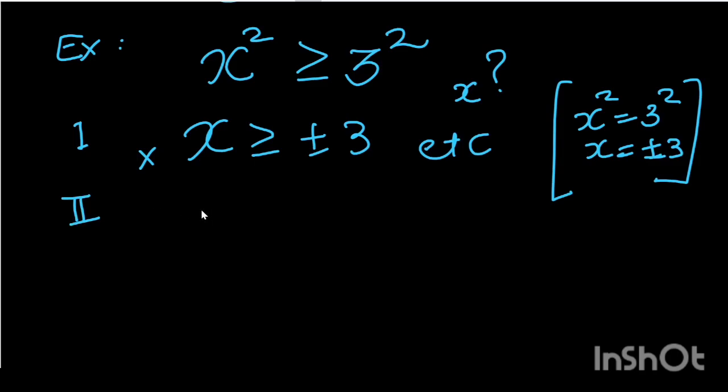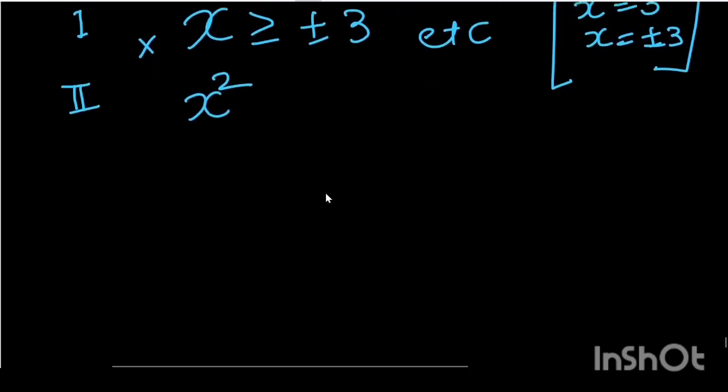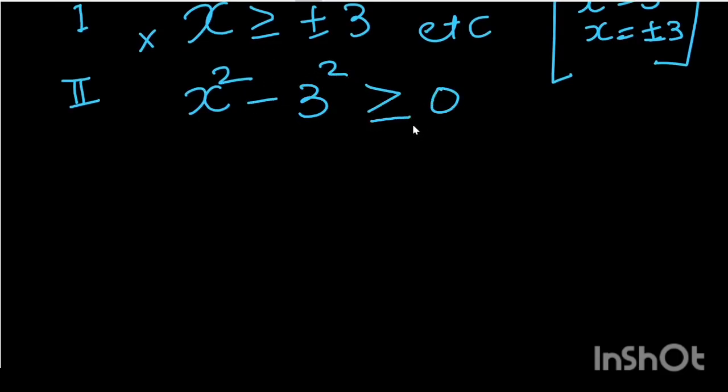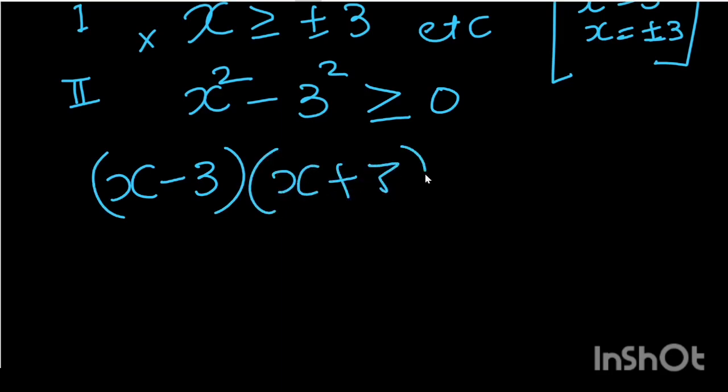So the correct approach would be, guys, since it's a quadratic, we will take 3 square from the right hand side to the LHS, and it becomes x square minus 3 square. Now factorizing it, x minus 3 and x plus 3 using a square minus b square, greater than equal to 0.